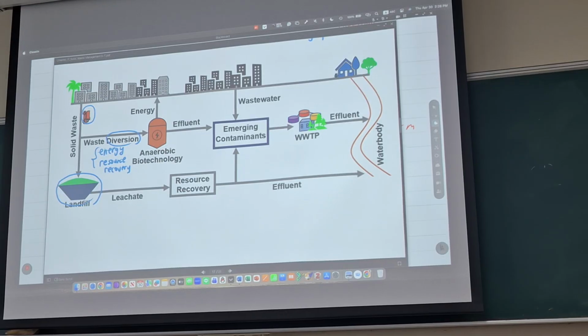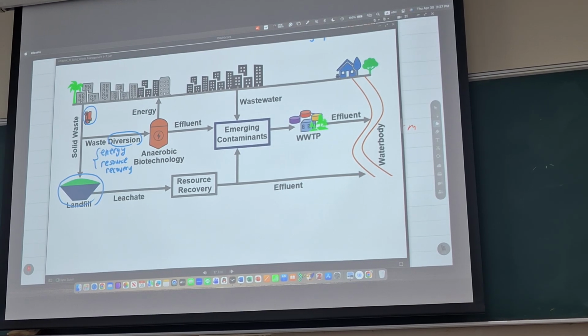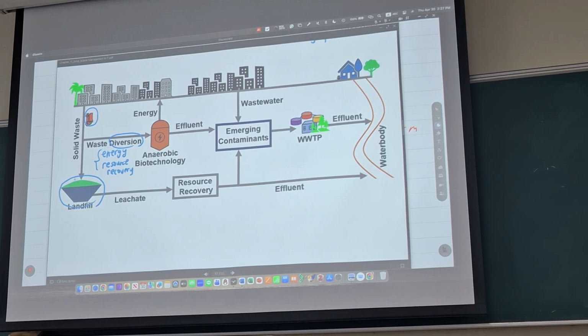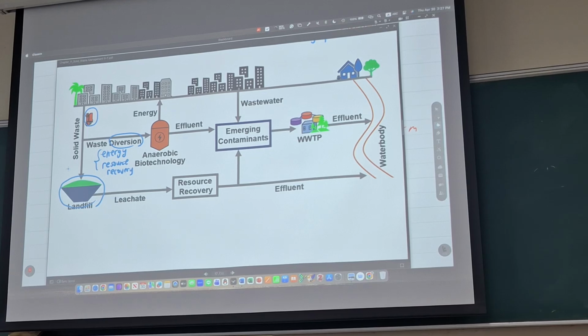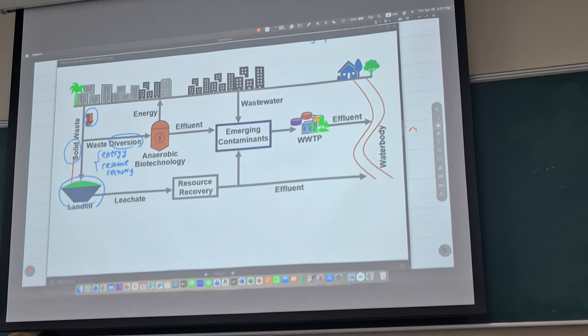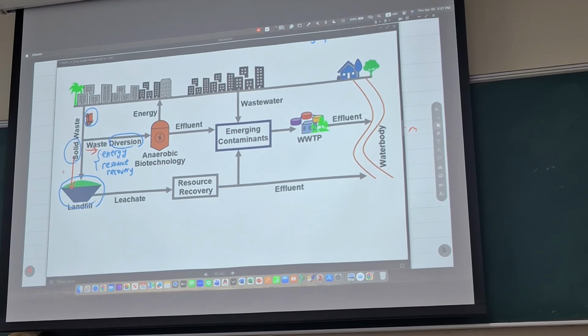We call this diversion. So first, some solid waste goes to landfill, right? But some of the waste can be used for energy or resource.